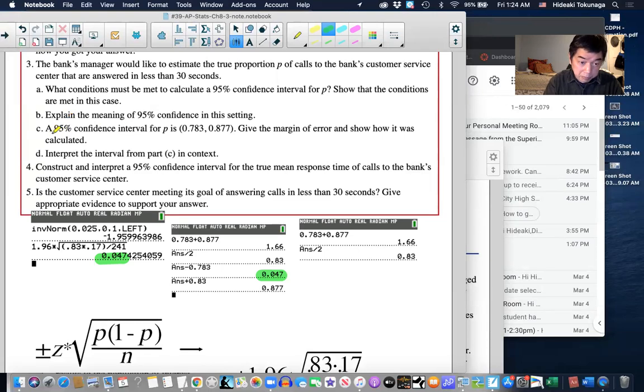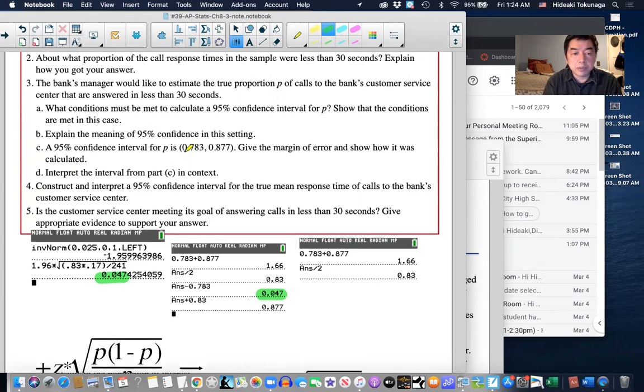All right, that is letter C, interpret the interval. We are not sure of the true proportion of the customers who will be answered in less than 30 seconds, but most likely it's between those two values.